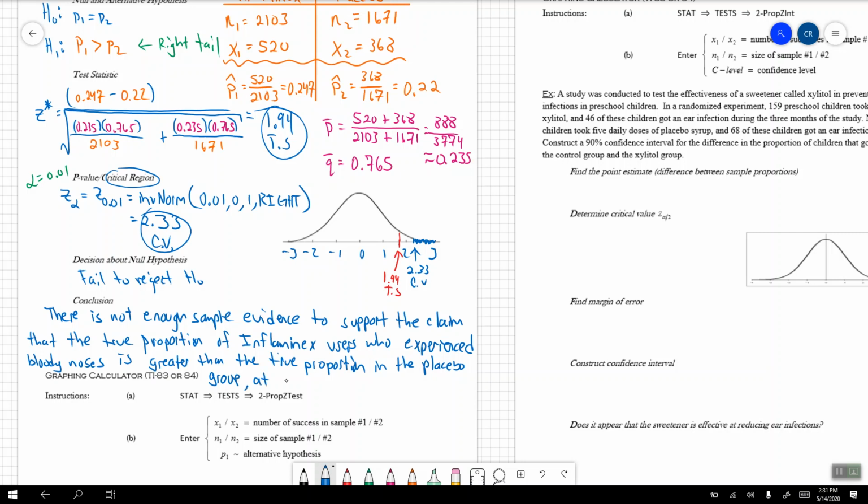And I'm going to say at the 0.01 significance level.